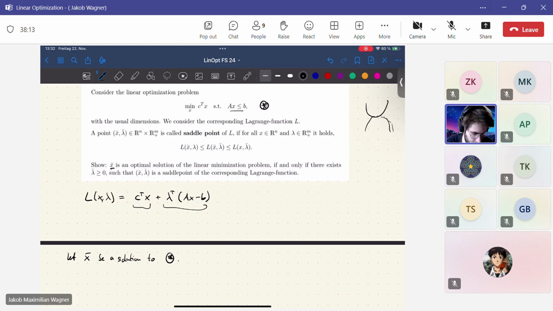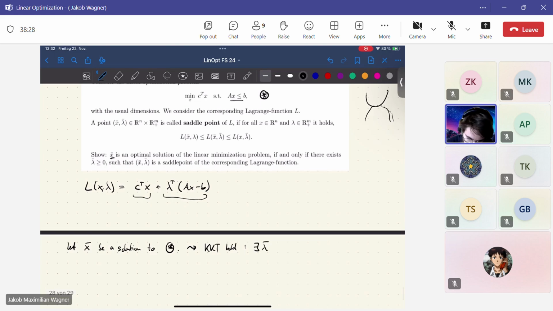Then because KKT conditions hold, we have seen this earlier. If we have a solution to this problem, then we know that the KKT conditions hold. And we know that there exists an associated Lagrange multiplier lambda bar in R^m. And we have the KKT conditions.